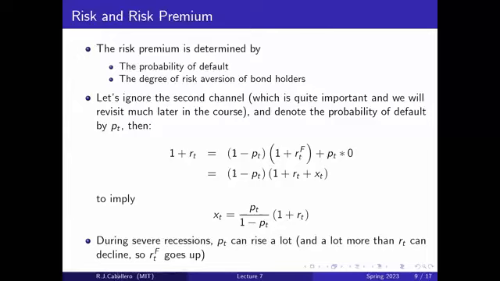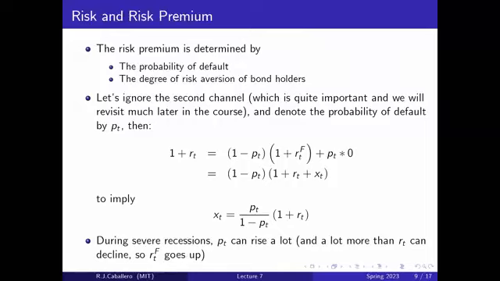Against that, there is a probability P that there is a default. In practice there is always some recovery of a bond, which is much less than the principal. I'm going to assume it's 0. So if P is positive, then it better be the case that this RF is greater than RT. Otherwise, I'm not going to invest anything in the risky bond. Okay. So I'm going to replace this RF by RT plus X just to calculate X.